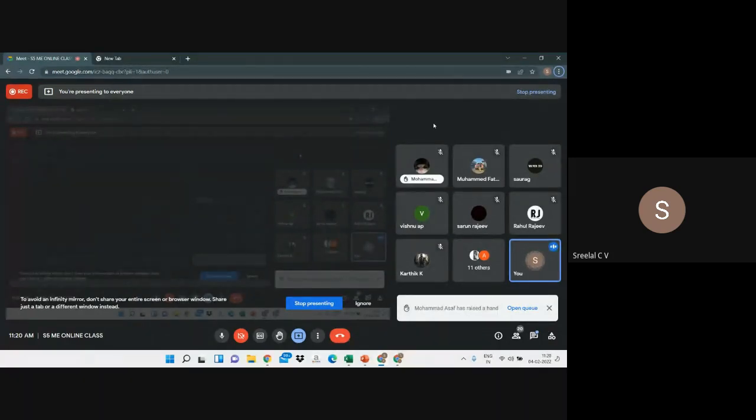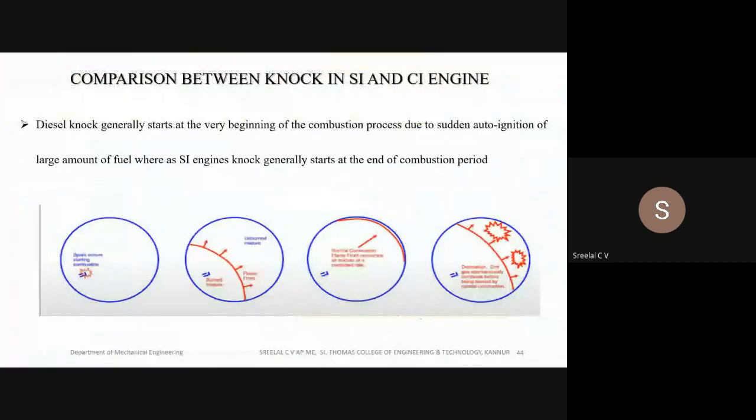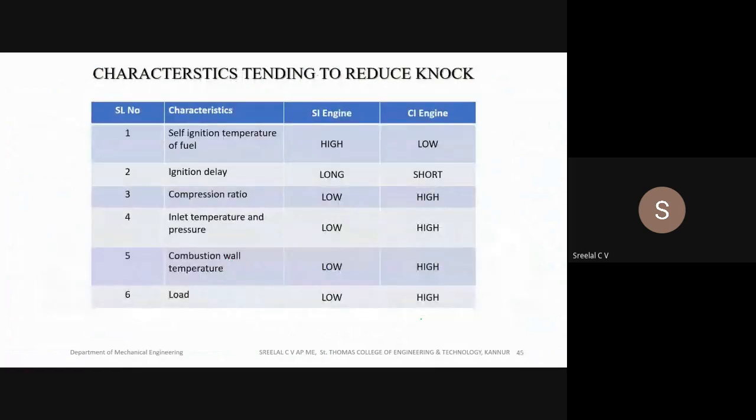If I have time, I will add that particular section also. This is the difference between the knock in the SI engines and CI engines. And we have to discuss the cetane number also. Just take a screenshot of this particular slide.